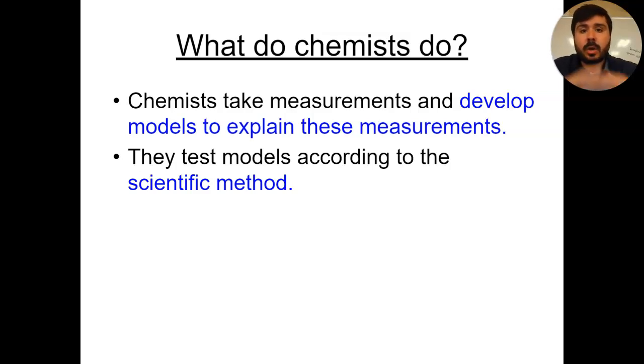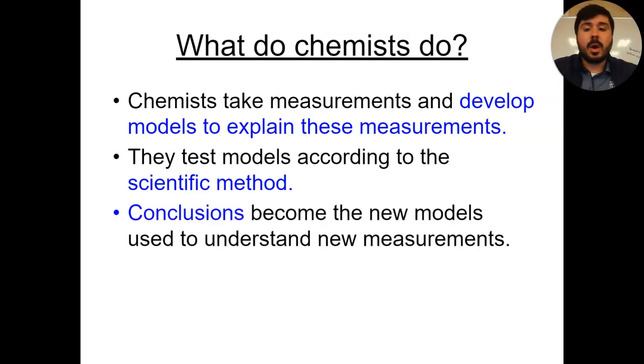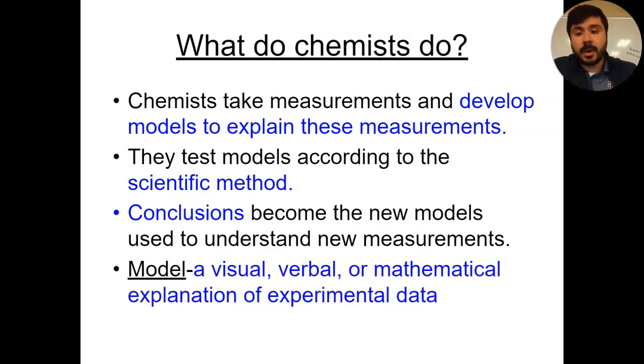When they do those tests, they can come up with some pretty great conclusions, or sometimes not, right? Sometimes their conclusions are not that conclusive. But that's okay, right? Chemistry in the world of science is all about trial and error. So conclusions become the new models used to understand new measurements.